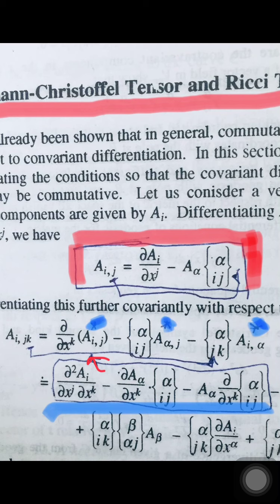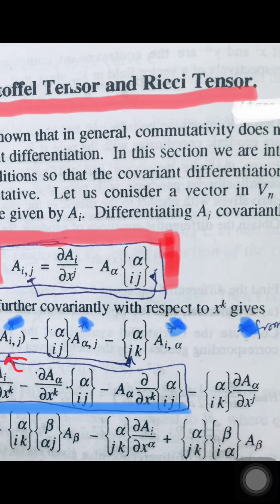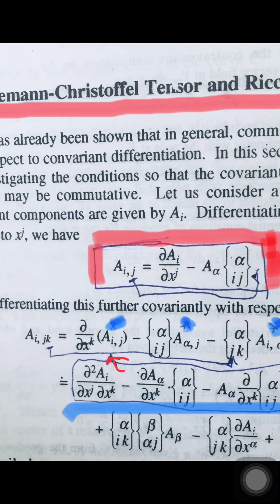This is only obtained by differentiating the first term. Okay, now after that we come to the second term, minus gamma alpha ij A alpha comma j. Substitute A alpha comma j from the first equation, multiply with gamma alpha ij. So A alpha comma j having two terms, multiply with gamma alpha ij. So we get here these two terms: gamma alpha ik del A alpha over del xj, and second gamma alpha ik gamma beta alpha j A beta.